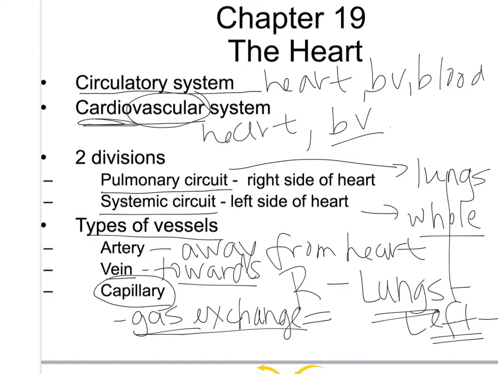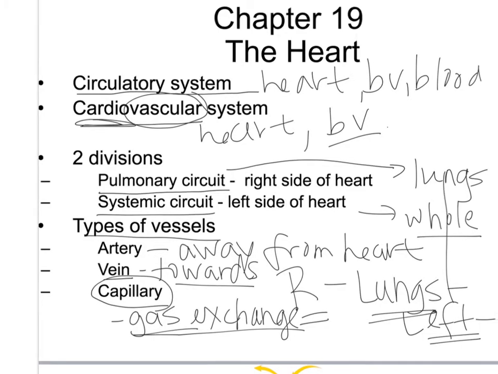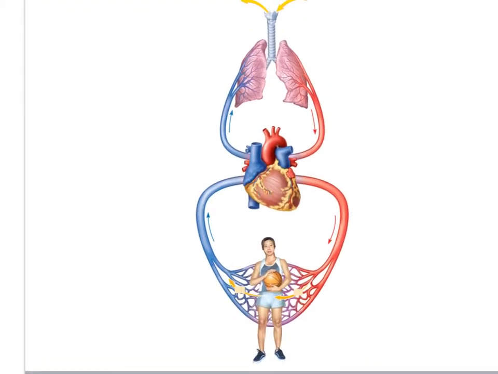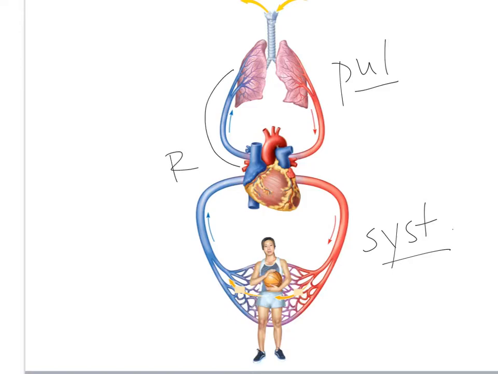Okay, now, here's a picture that's showing all of the circuits. It's going to show the two circuits. This is the pulmonary circuit at the top, and then this is the systemic circuit. So basically the pulmonary circuit is going to take blood from the right side of the heart to the lungs, where it's going to pick up oxygen.